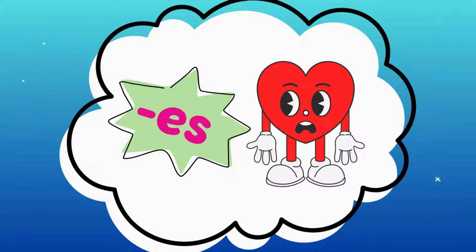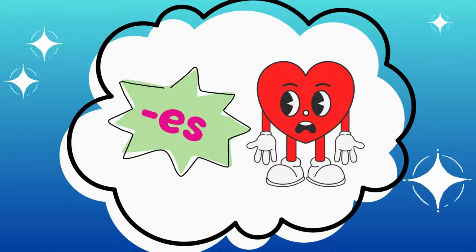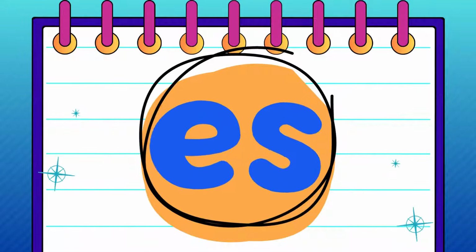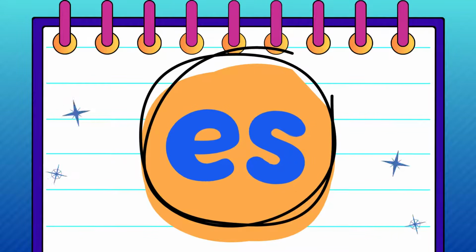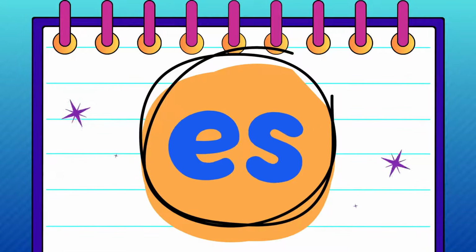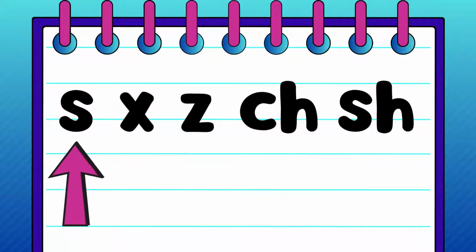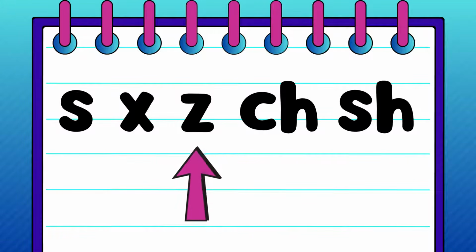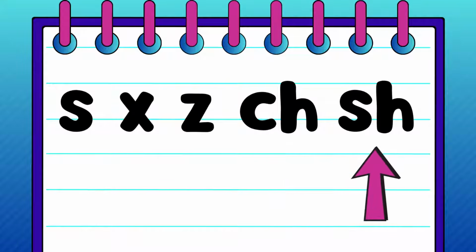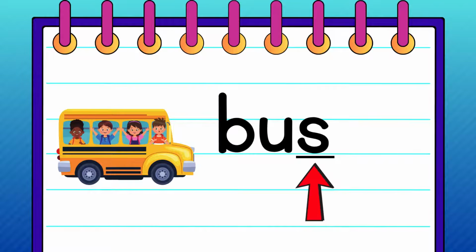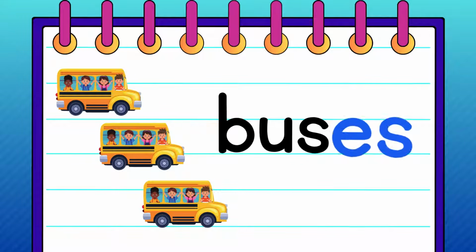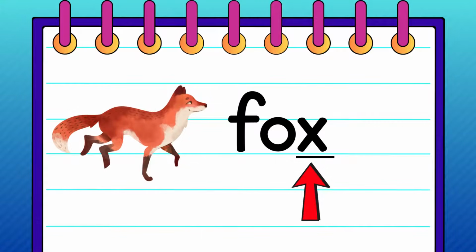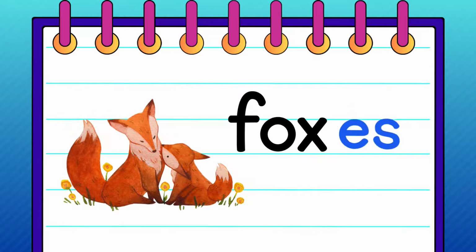When do we use the suffix ES? Great question. We use the suffix ES to turn words into plurals when they end with S, X, Z, CH, or SH. A bus becomes buses. 1 fox becomes foxes.